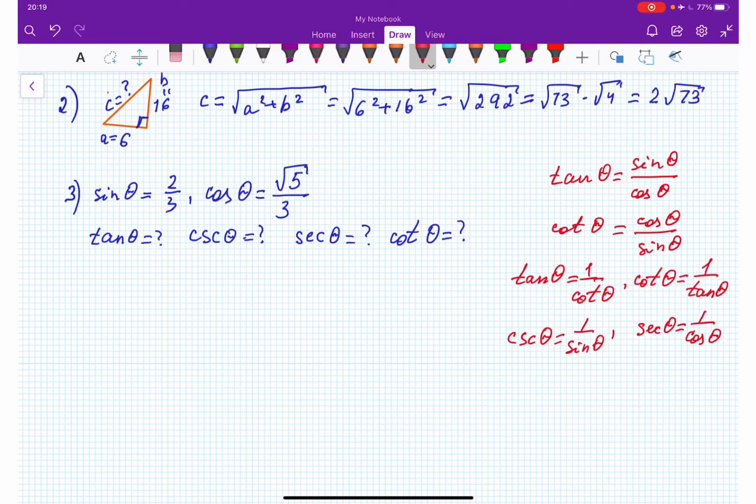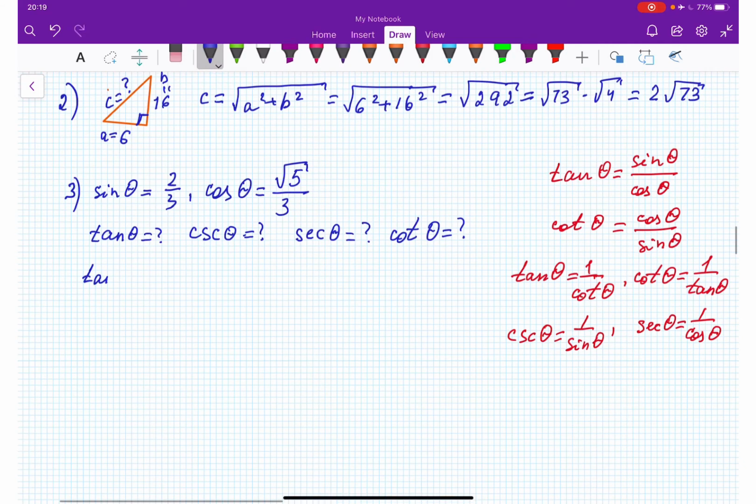So let's start working. Since I have sine and cosine, what can I find out right away? Tangent, right? So tangent theta is equal to sine theta over cosine theta, which is equal to 2 over 3 divided by square root 5 over 3.